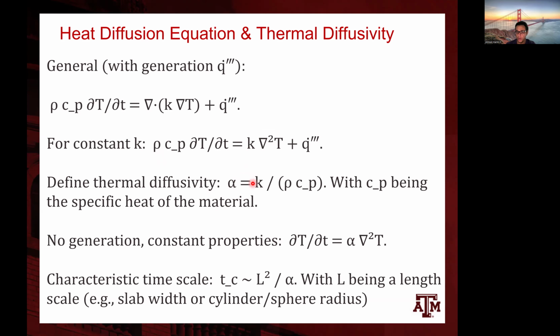The thermal diffusivity is the analog of the diffusion coefficient in diffusion problems. And similar to diffusion, we'll have a diffusion length or a conduction length in this problem, and also a characteristic time scale, which represents how fast or how slow things diffuse. This is related to the length scale and to the thermal diffusivity of the material.